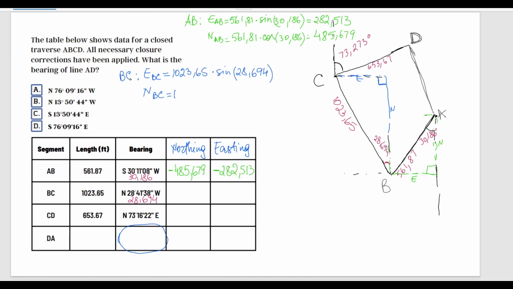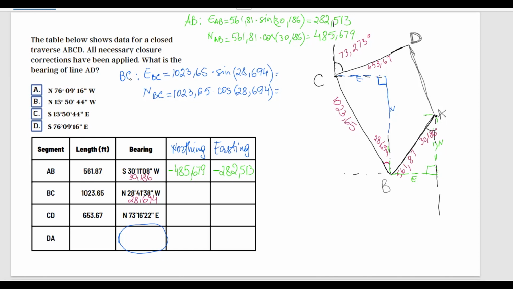And then northing is going to be equal to 1023.65 multiplied by cosine of 28.694. Let's use the calculator and find out these two values.